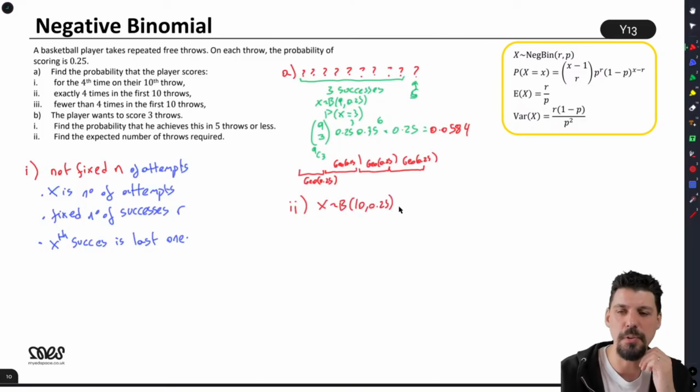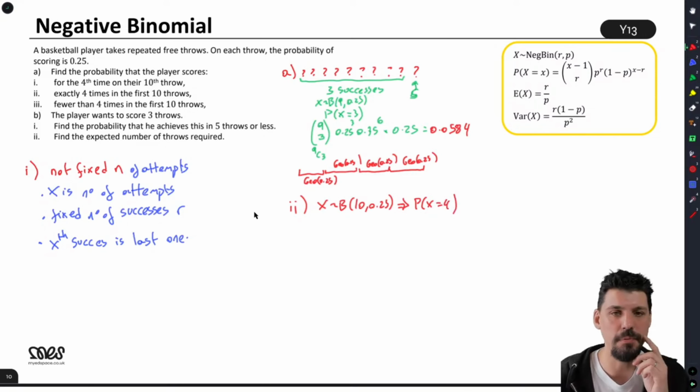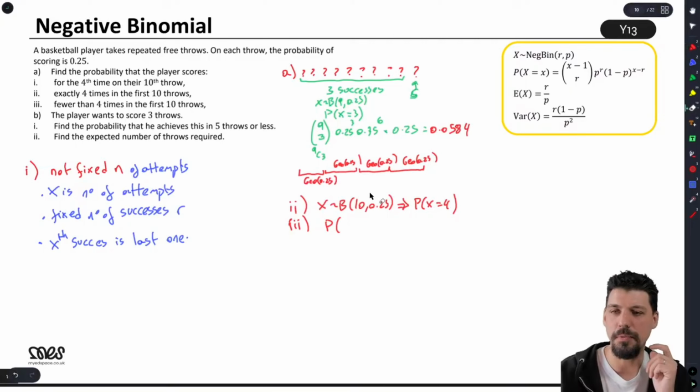So that is the difference, is we're going to do 10 throws no matter what. And we want the probability of 4 successes, and we can figure that one out. And same for part 3. We actually just want the probability here. Actually, let's use a different letter. That'll free us up a little bit later on.